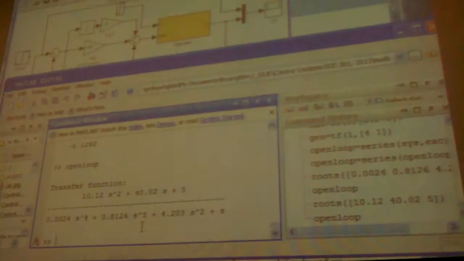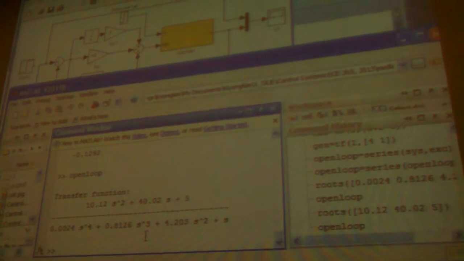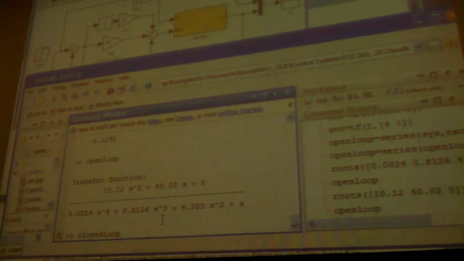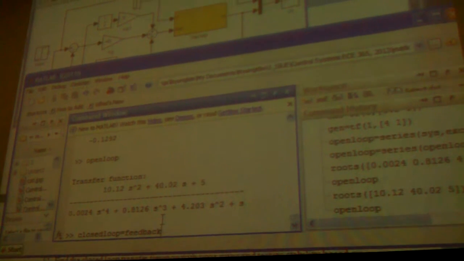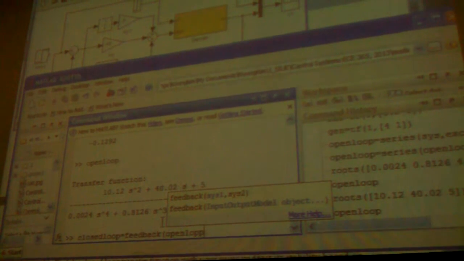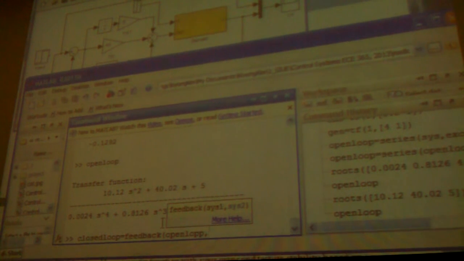Right? So we can make a feedback system. It will be hard to do by hand. Okay, now closed loop form. Closed loop is feedback of the open loop system with minus 1. This is real feedback.